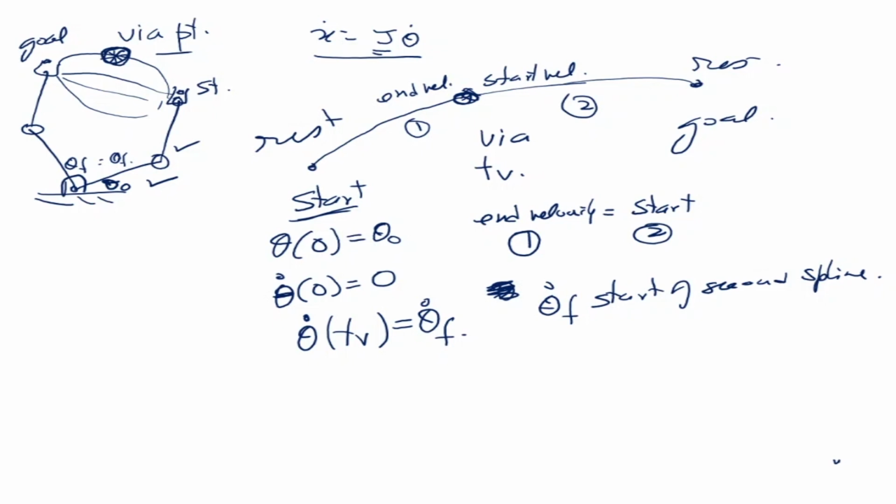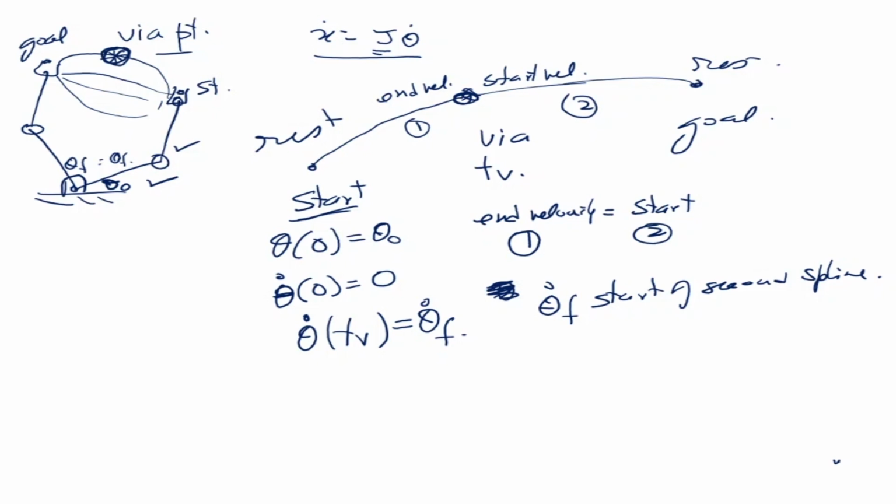What we get is that at the via points we have to put velocity constraints, and the start of the second spline will have the velocity of the first spline, and then we can proceed to solve it exactly the same way. This means that we have something in our hand now.